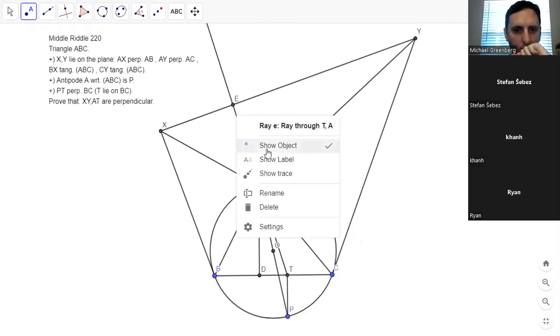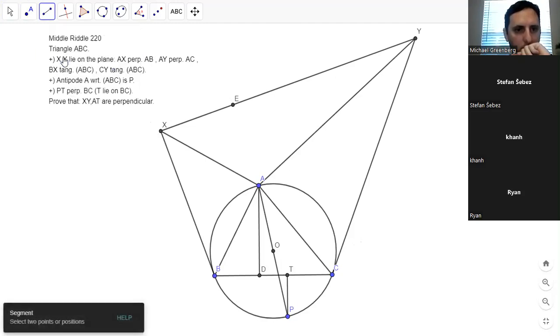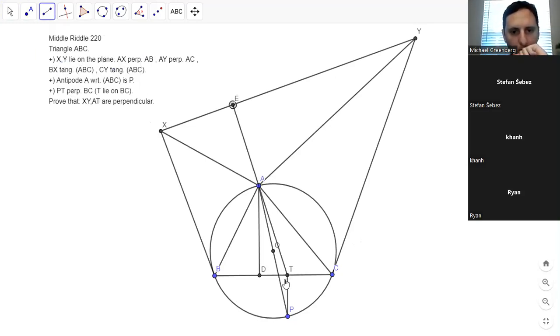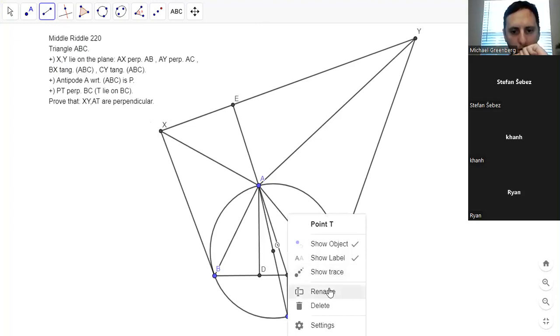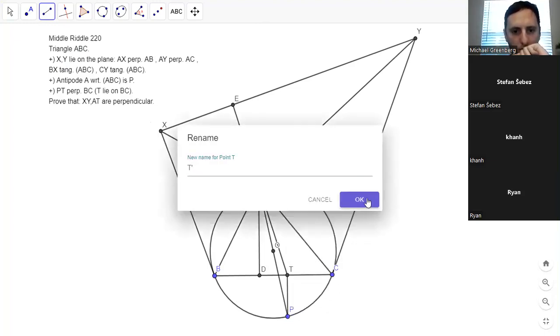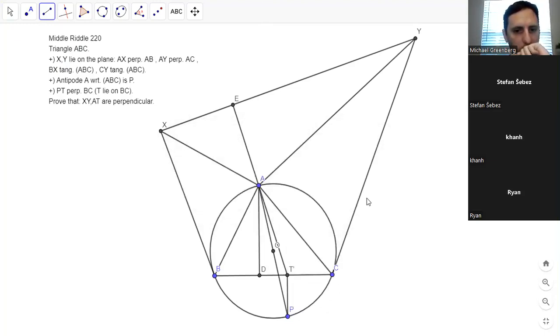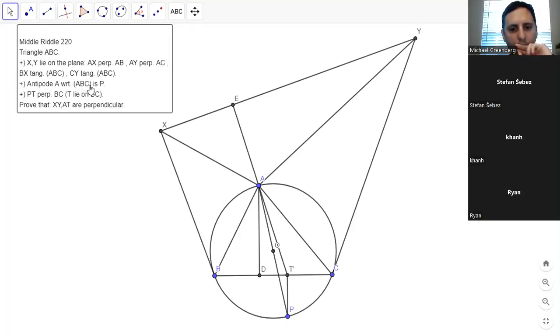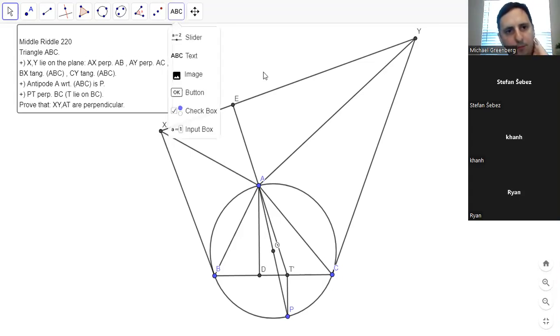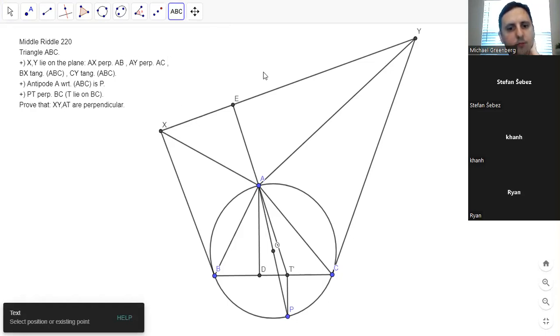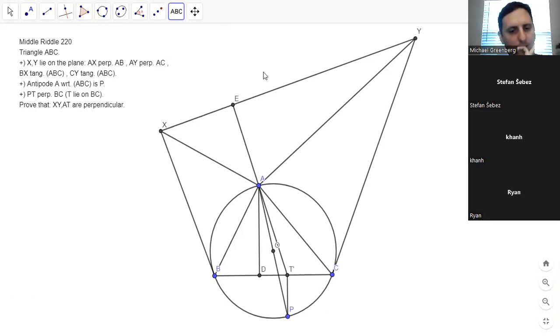Okay, so I'm going to redefine T: let AE be the perpendicular line to XY and let it meet BC at T prime, and we're going to prove that T prime is the same as T. We have AX over AY as cosine of XAE over cosine of EAY.